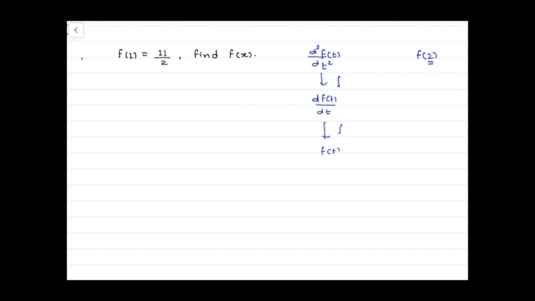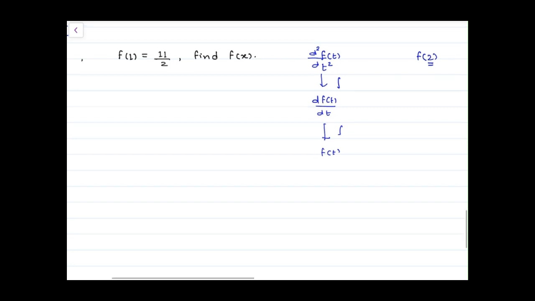If you remember, I told you when I started the integration, you will always get something which is plus c, right? That constant term. And for that constant term, you always need some extra information. So in the question, they will always give you some extra information that is called boundary condition or initial condition.